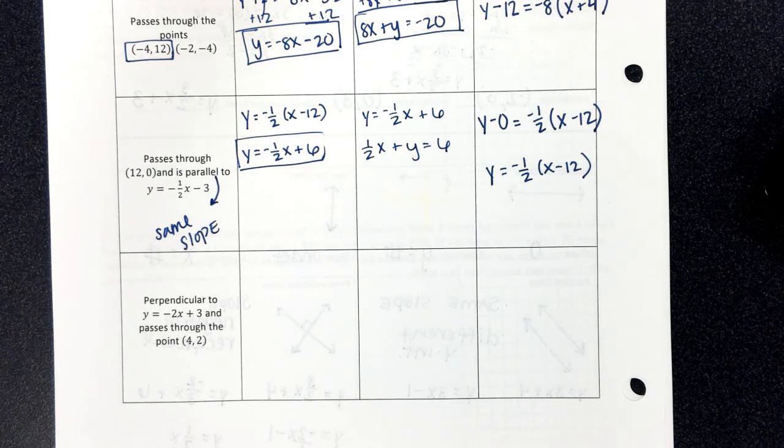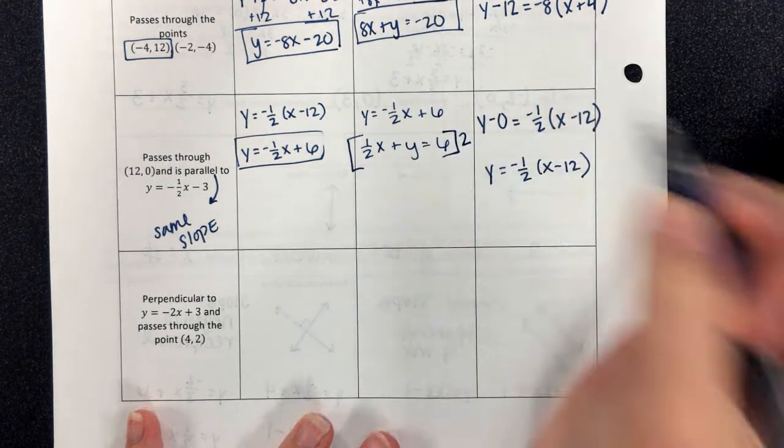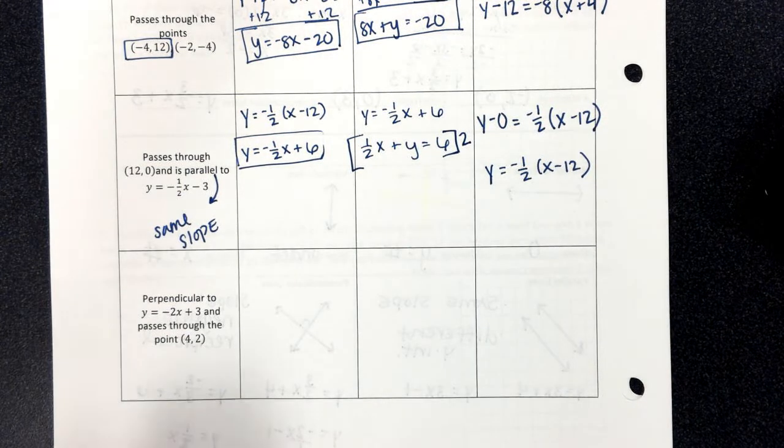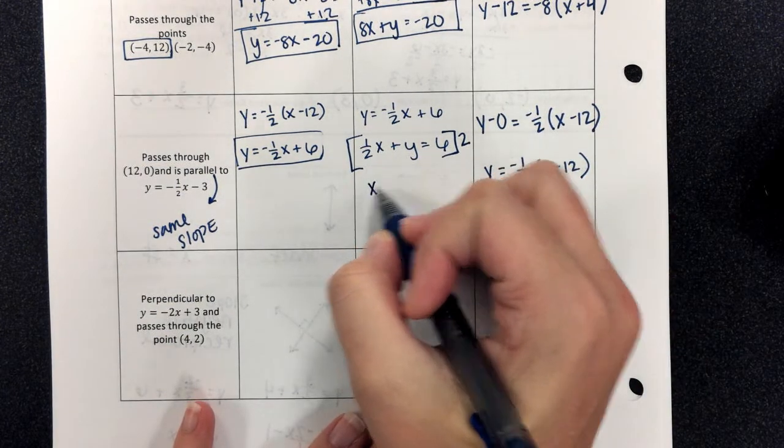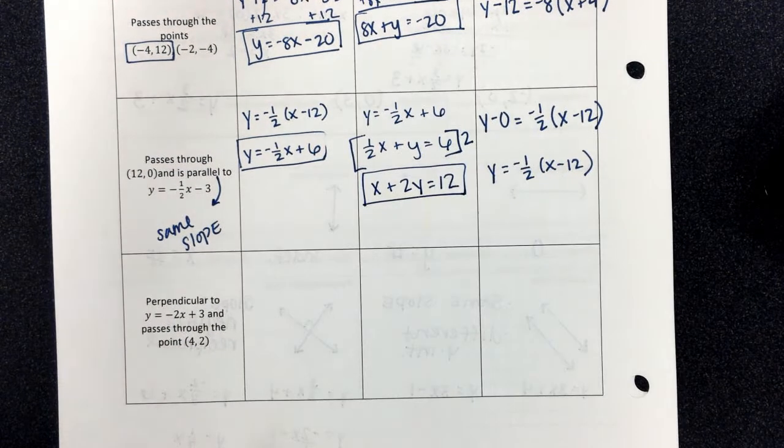There's something about my standard form I have to change. In my standard form, what's the ugly part? The fraction. So how do I get rid of the fraction? You're going to multiply everything by the denominator. Every single thing. So then it'll just say x plus 2y equals 12. Okay?